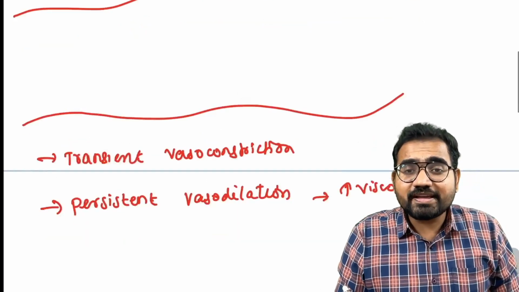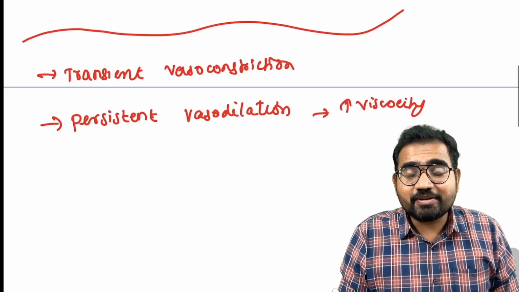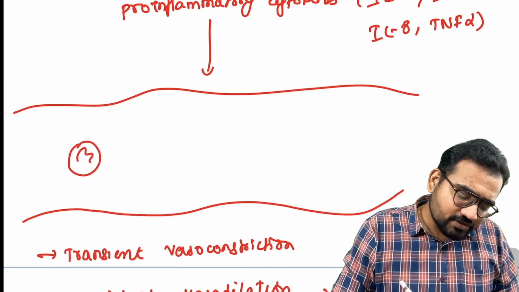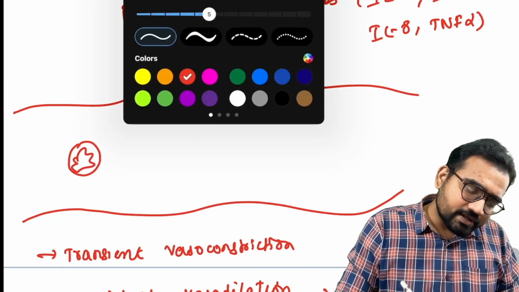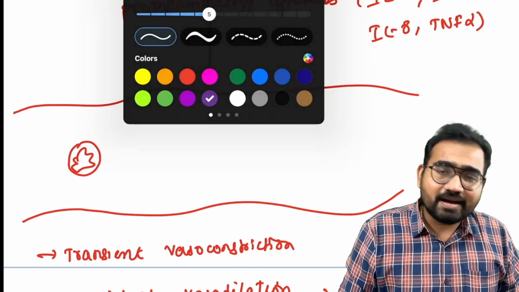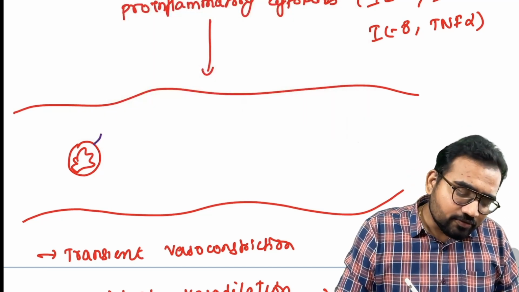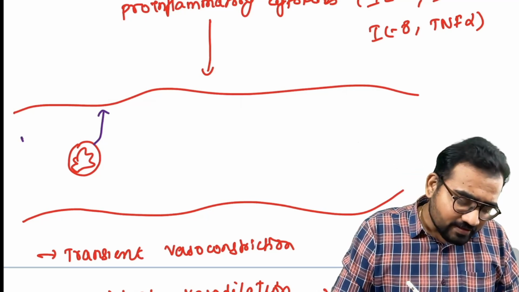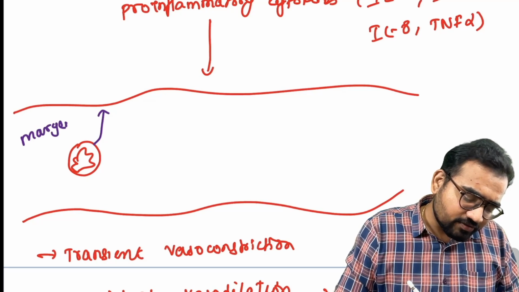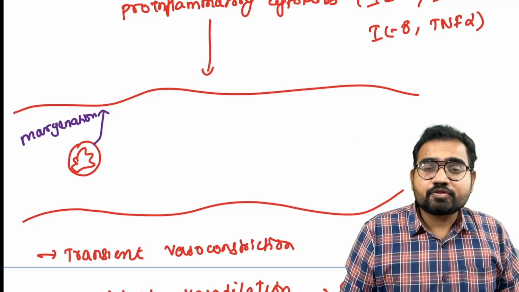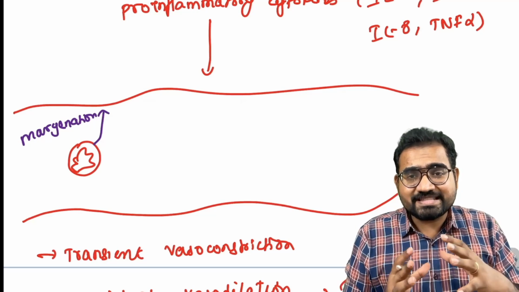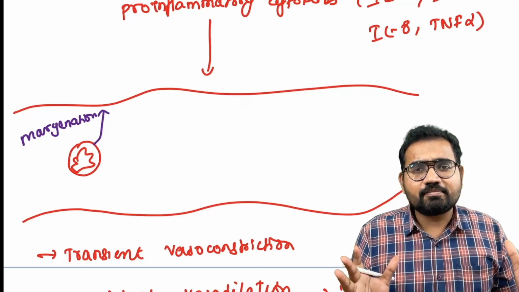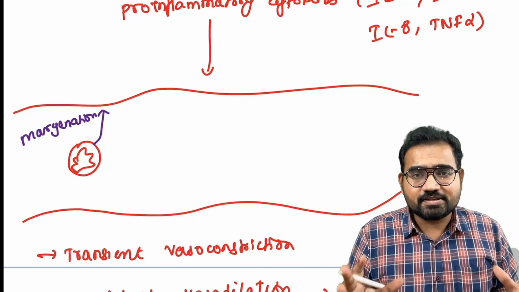Because of the increase in viscosity, the neutrophils, which are the first line of defense, are going to move towards the endothelium. There's going to be margination, because of stasis, which is nothing but the slowing down of the blood cells.